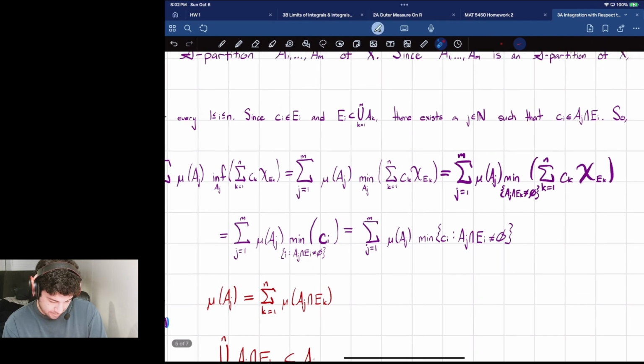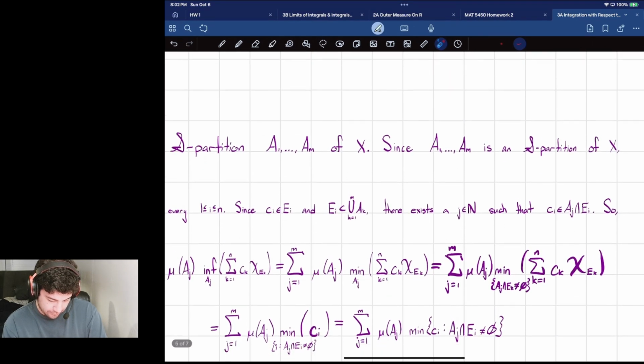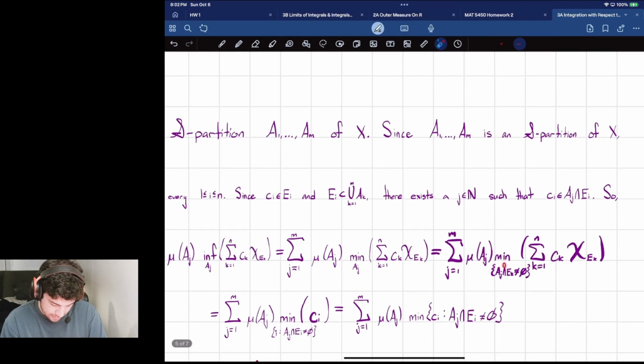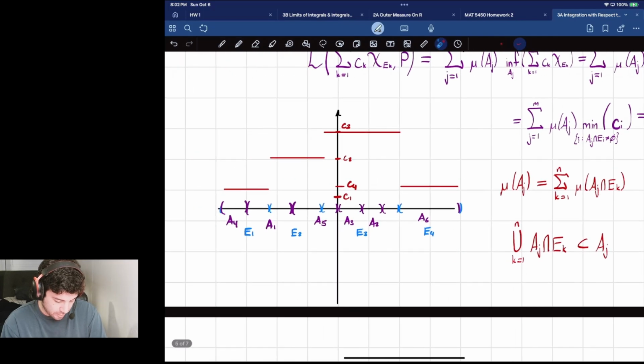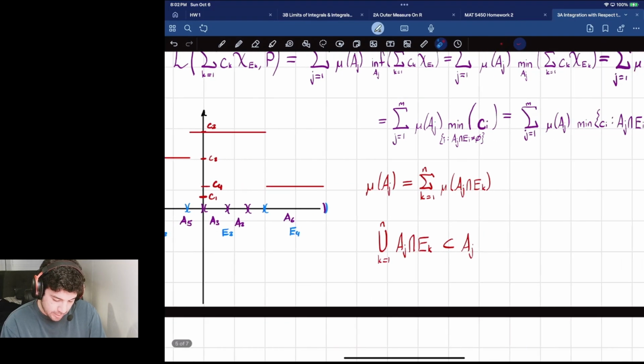Right, because last time we took the infimum over the E sub k's, and that one would select the C sub k from the sum. But this time it's AJ, and AJ can be over multiple E sub k's, like the example that I just drew.